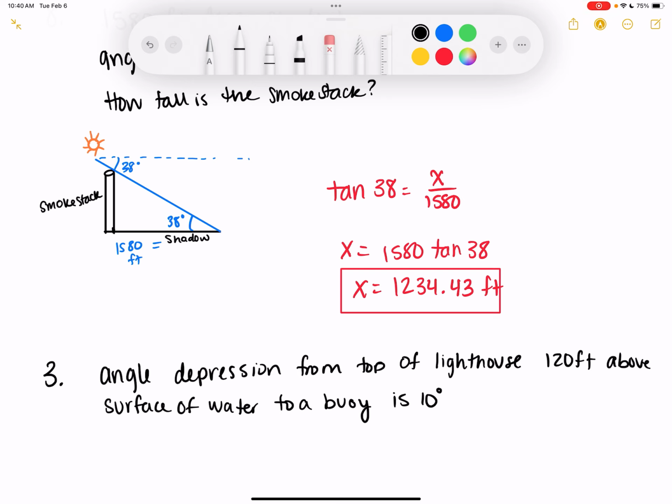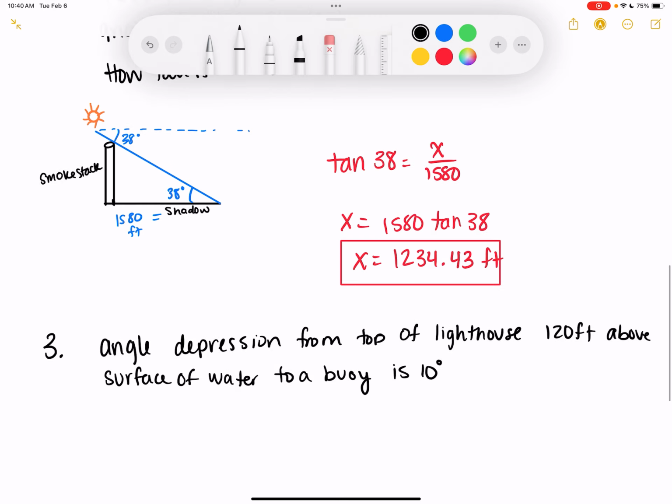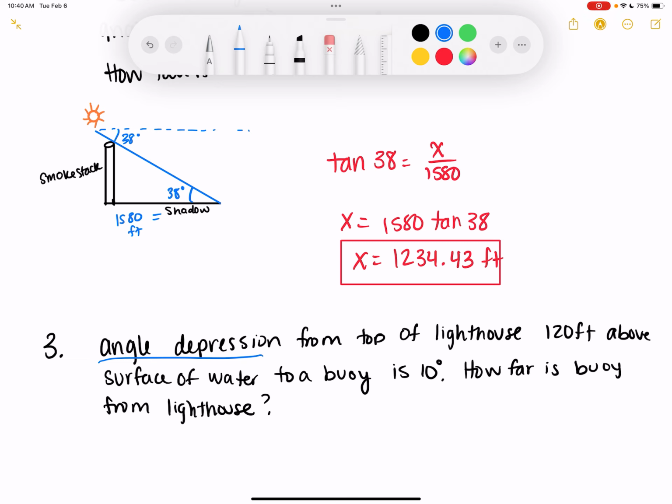It's like boy, except you put a U in between the B and the O. How far is the buoy from the lighthouse? So we got an angle of depression of 10 degrees, and it's 120 feet above the surface of the water. Trying to figure out how far it is from the lighthouse.